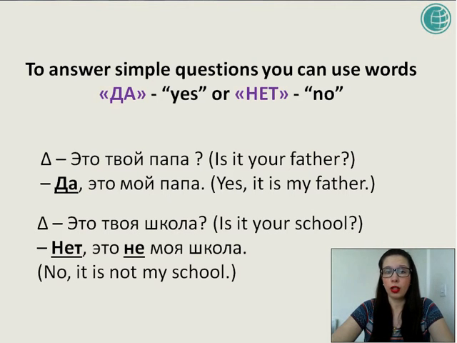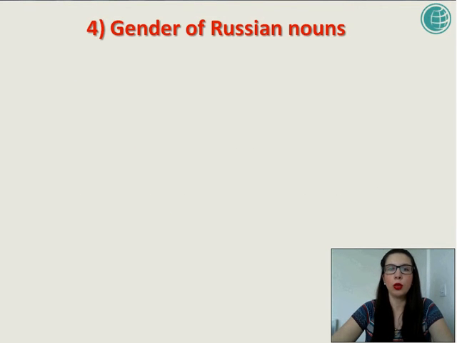And another question. Это твоя школа? Is it your school? Нет. Это не моя школа. No, it is not my school. And again, you can answer in a short way, just нет, which will be more common in normal conversations. Это твоя школа? Нет.